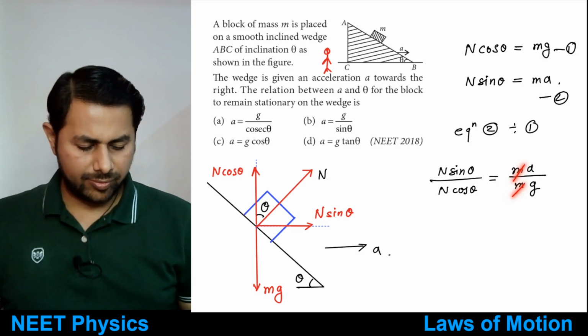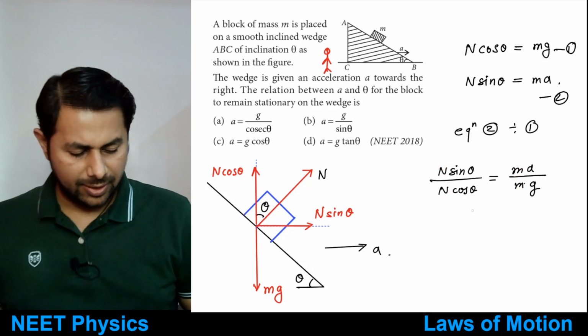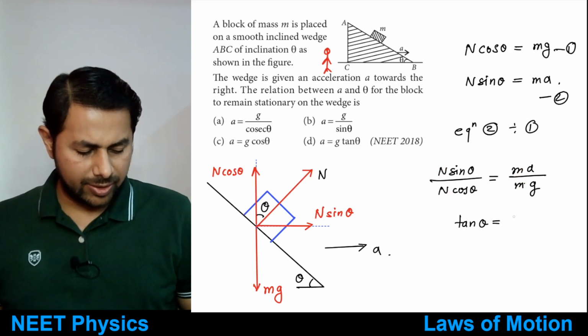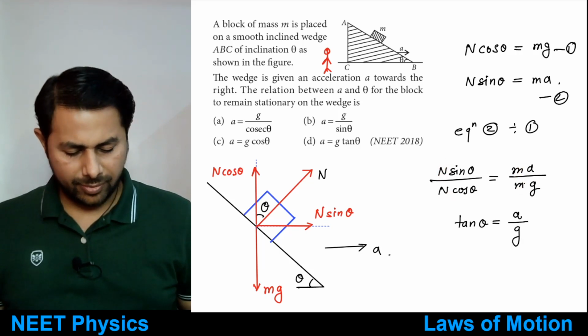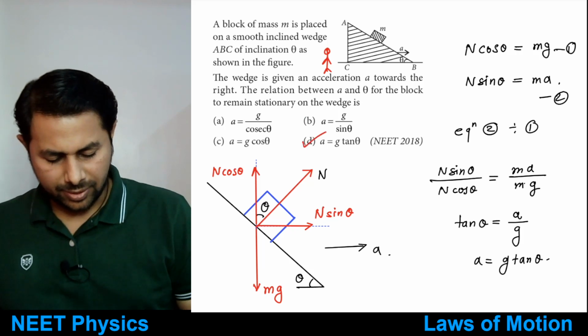The m and N cancel out. Sine theta by cos theta is tan theta. Tan theta is equal to a divided by g, and therefore a is equal to g tan theta. So this is the answer, option D.